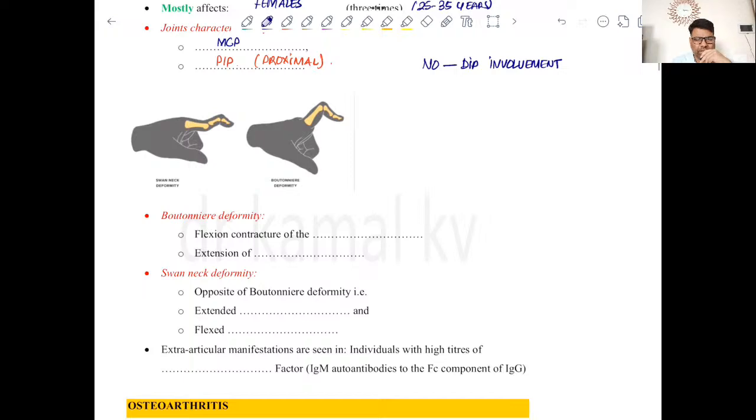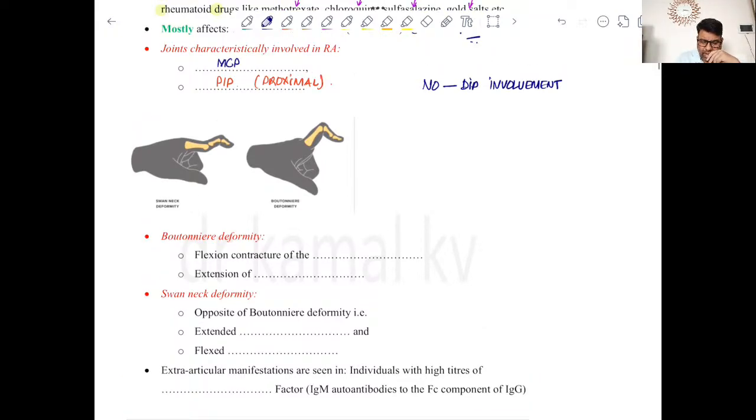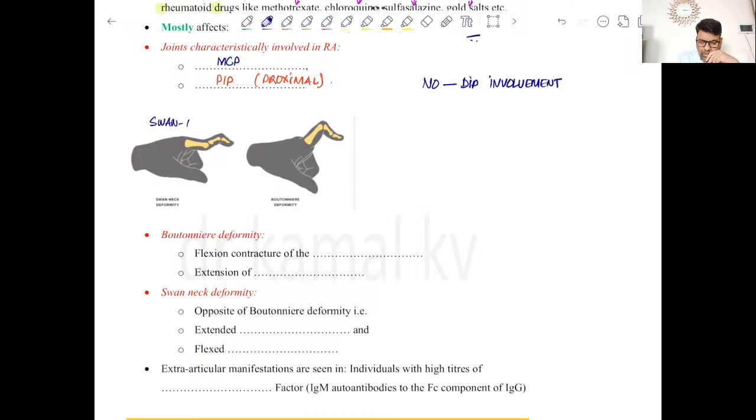Now we already discussed that there might be development of certain deformities, particularly in relation to the hand. There are two important deformities which you should remember. One is the swan neck deformity, and another is the buttonholing, also known as boutonniere deformity, right?